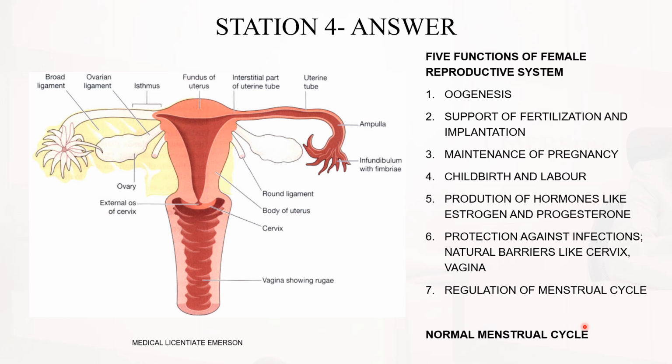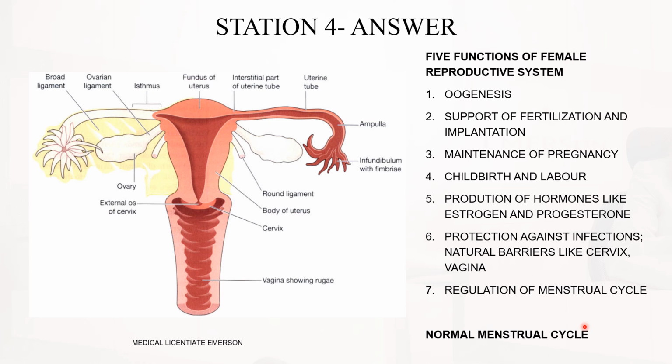So what will happen again in the follicular phase is that there's going to be release of the gonadotropin releasing hormone from the hypothalamus, which will go and stimulate the anterior pituitary gland so that it secretes two hormones, luteinizing hormone and follicle stimulating hormone.